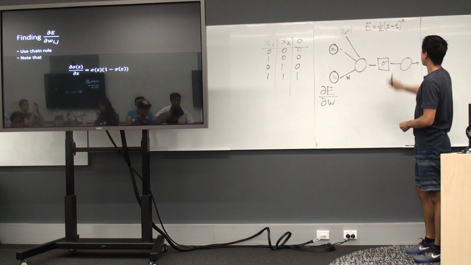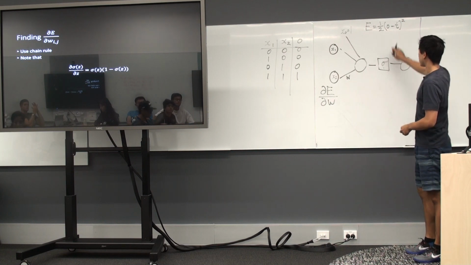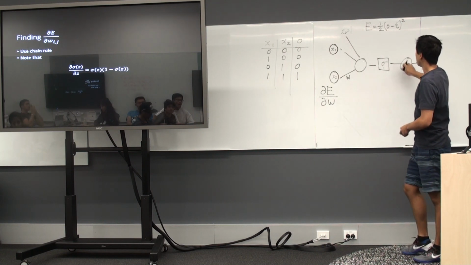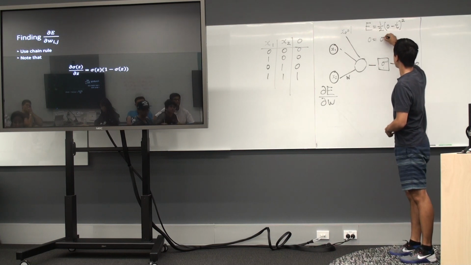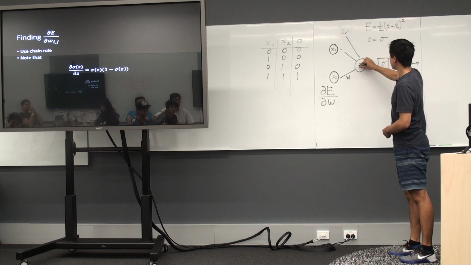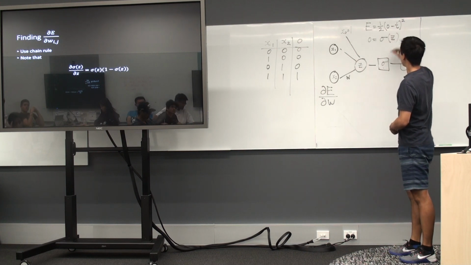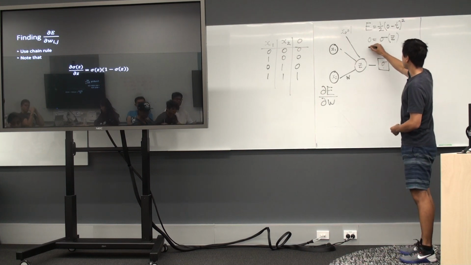So this T is a constant, and the only thing I can change is the output. So what's the output equal to? The output is equal to sigma of Z. And what is Z equal to?